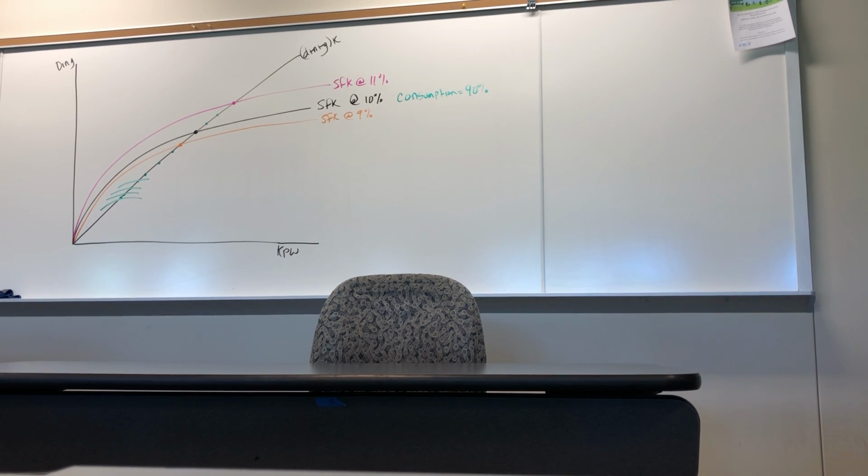The golden rule of the Solow model: society should pick the steady state value of capital that maximizes consumption. Society should pick the steady state value of capital that maximizes consumption.